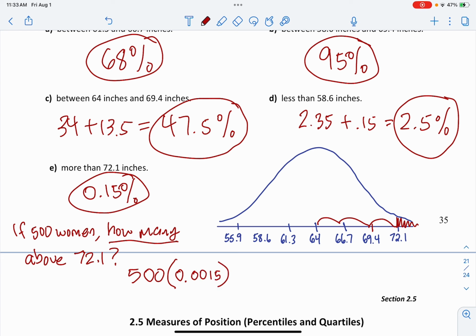Okay, so 500 times 0.0015 is 0.75, which is about 1. So 1 woman. So very rare to have somebody that's more than 72.1 inches tall. Out of 500, you'd expect 1, because that percentage is so low.